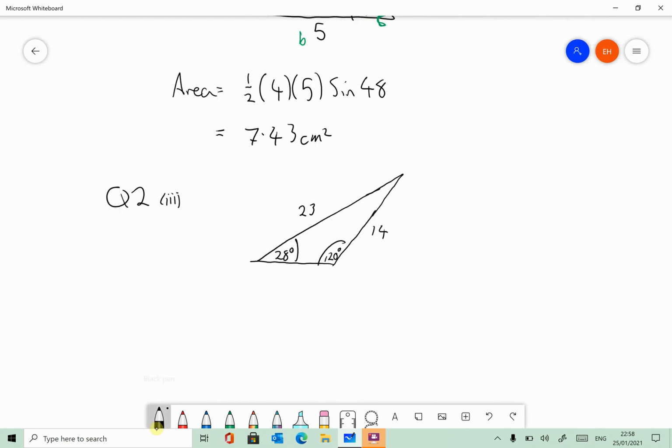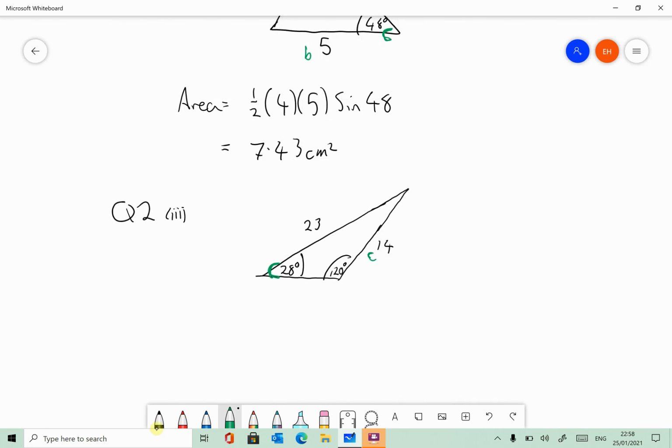Okay. Now, if I was to call this angle down here C, that means that 14 is the side c. But in my formula, a half AB sine C, I don't need to know a side c.